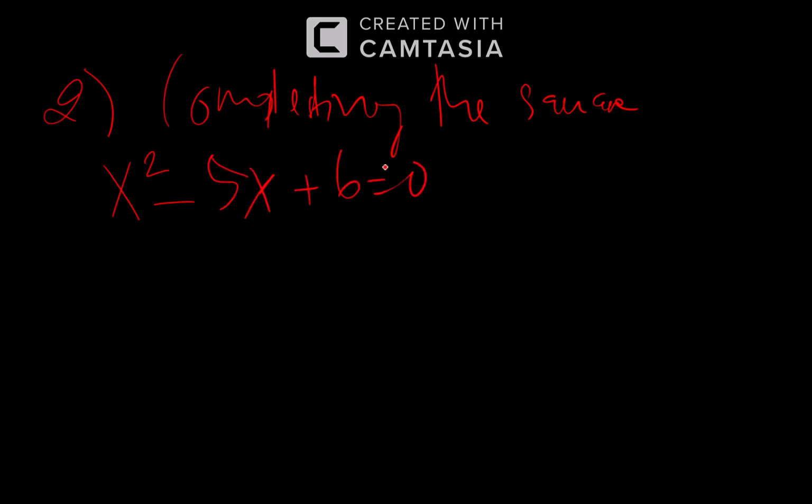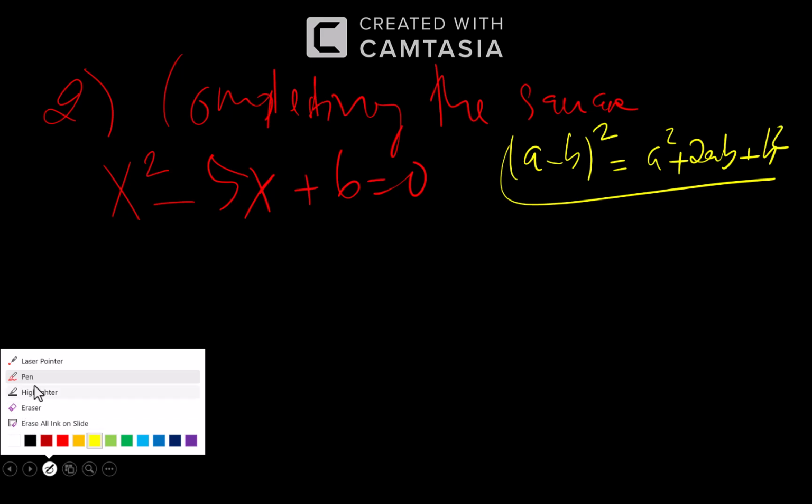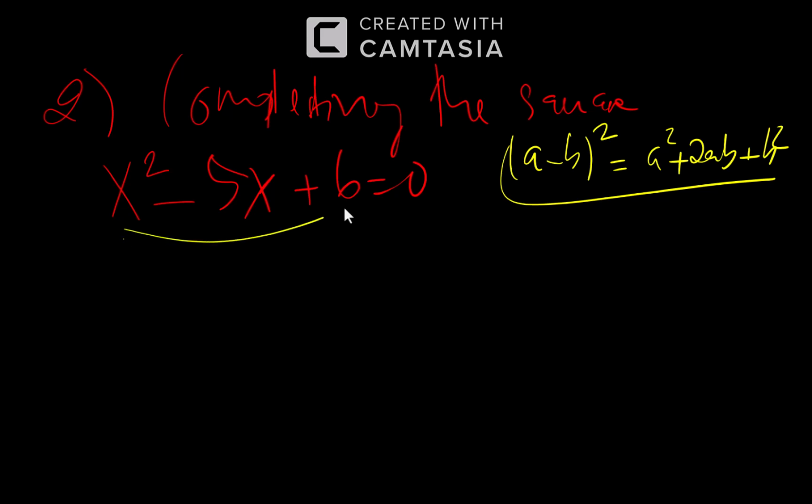So for completing the square, you may need to remember or use the formula (a minus b) squared equal to a squared minus 2ab plus b squared. So we use this formula. Look at the sides: here we call it LHS, left hand side, and here RHS, right hand side.